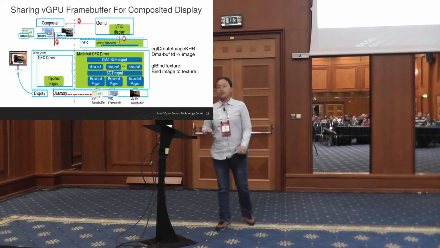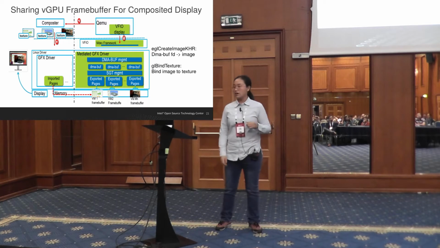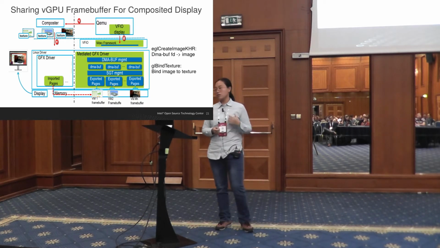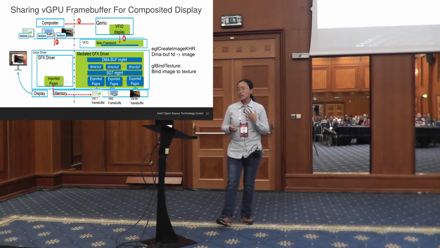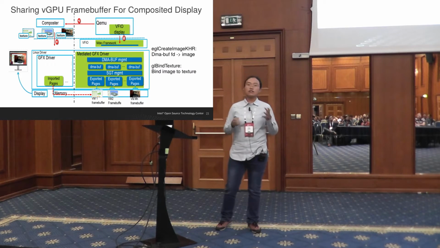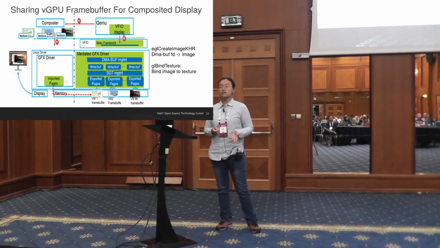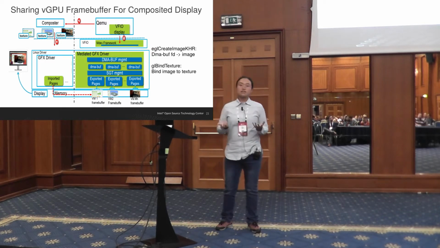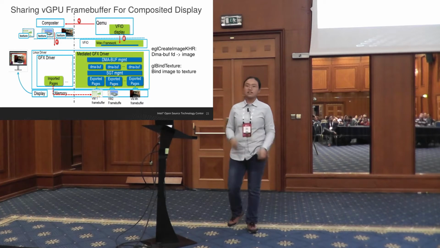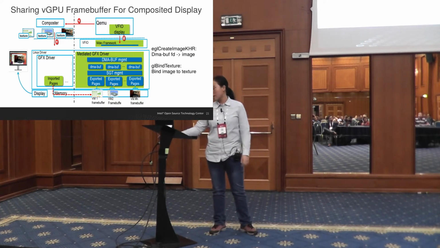The compositor can first use this EGL create image to create an EGL image according to the DMABuf file descriptor, and then use the GL bind texture to bind this EGL image to a texture. After the exposed guest frame buffer is bound to a texture, the guest frame buffer can be composited into some fancy effects through OpenGL by the compositor.